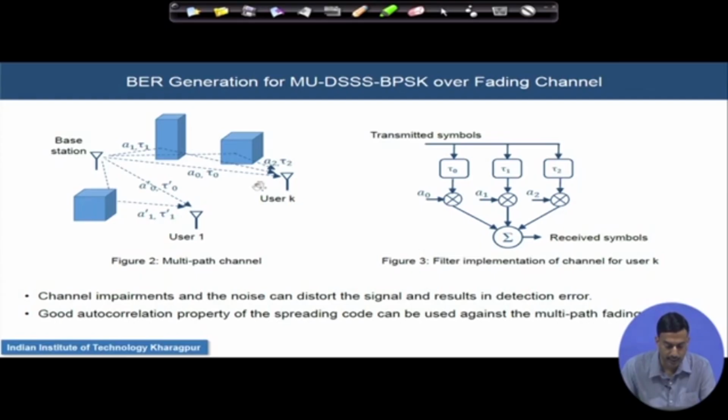User small k is some arbitrary user. It is assumed that each of these users' signals at the receiver will be due to multipath effects of the signal which has been transmitted from the base station. For example, user k over here has a direct, line of sight path with channel gain A and delay tau naught, and then it has two other paths.